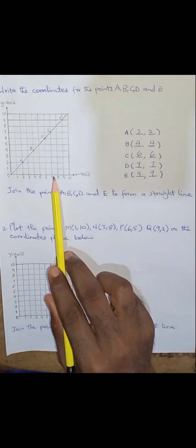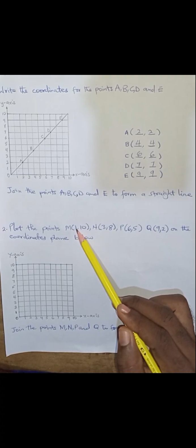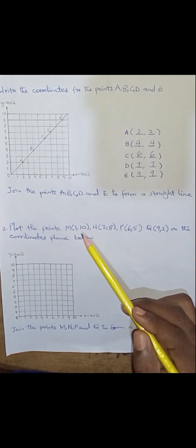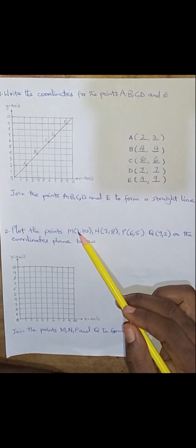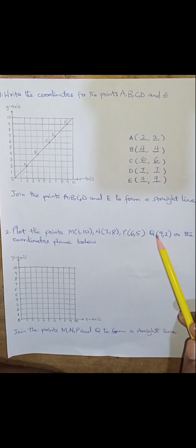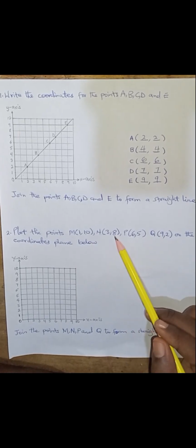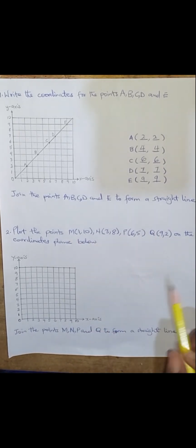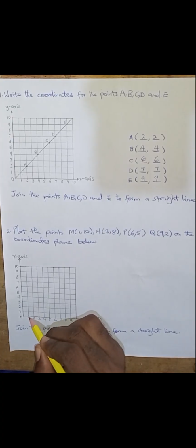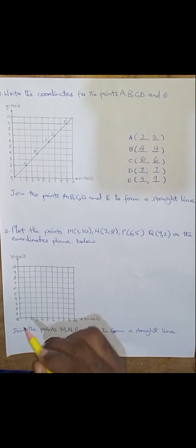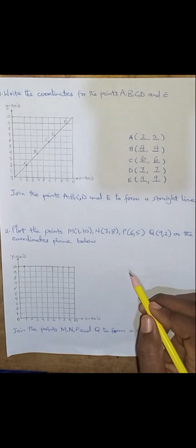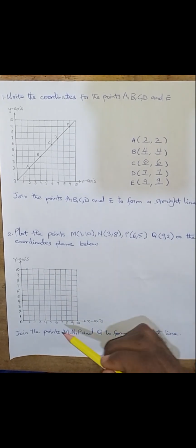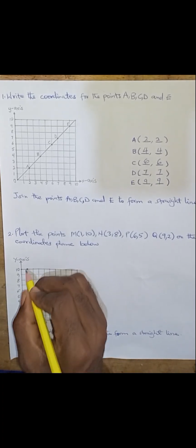If you remember what we did previously, the first number represents the x values and the second number represents the y values. So M(1, 10), 1 on the x-axis, 10 on the y-axis. So M will be here.